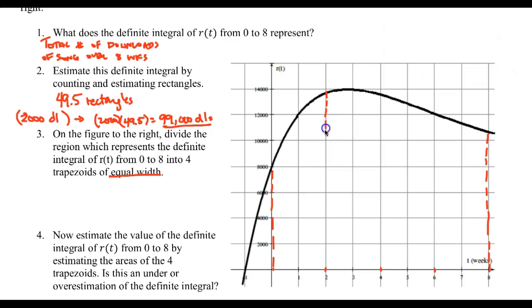Here's one trapezoid. See that I'm kind of connected at the top like that. And here's the second trapezoid. Try to draw a straight line here. Here's the third trapezoid. And here's the fourth trapezoid.